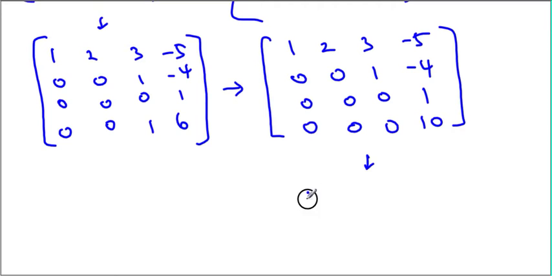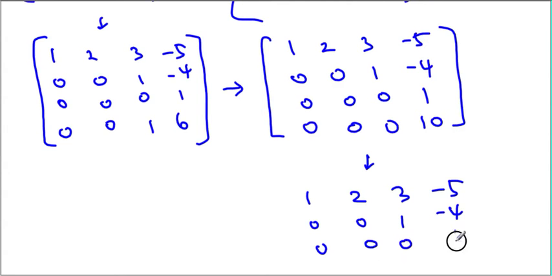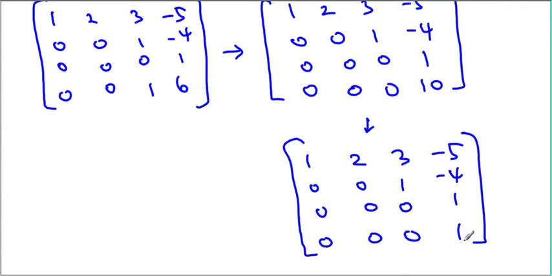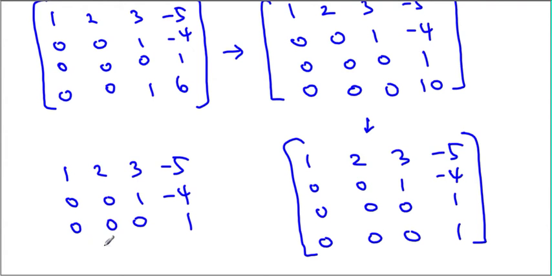Then I'll be getting 1, 2, 3, -5, 0, 0, 1, -4, 0, 0, 0, 1. Even the last one will be 0, 0, 0, 1 because I'm dividing this one by 10. Then lastly, this one minus this one will get me 1, 2, 3, -5, 0, 0, 1, -4, 0, 0, 0, 1, and then the last one is 0, 0, 0, 0.